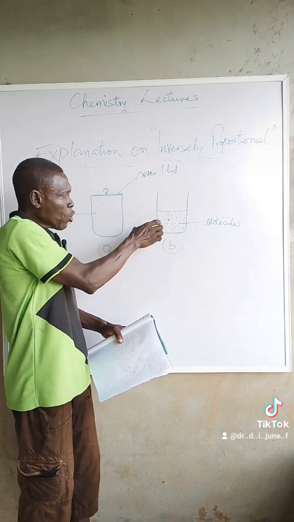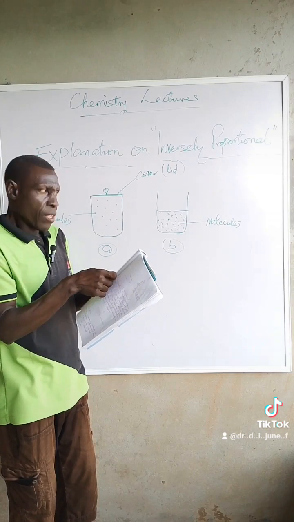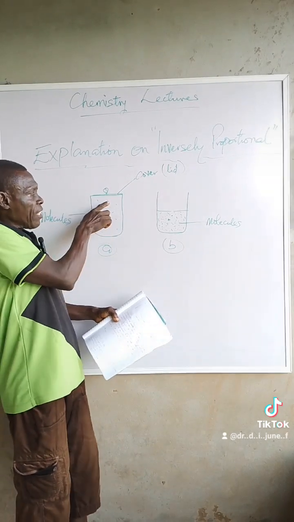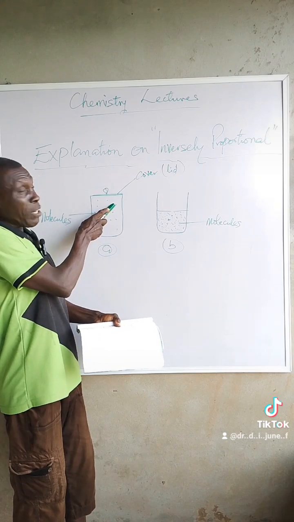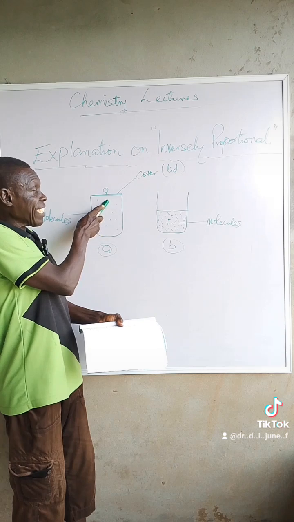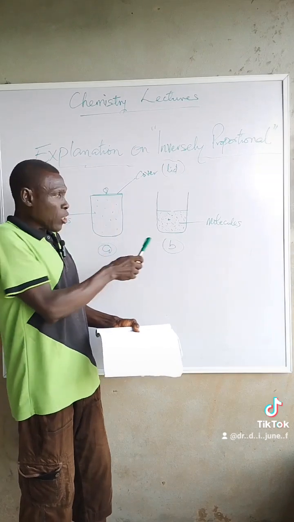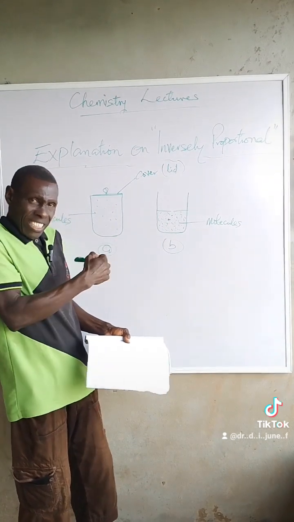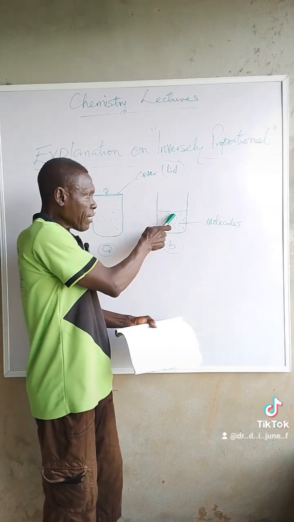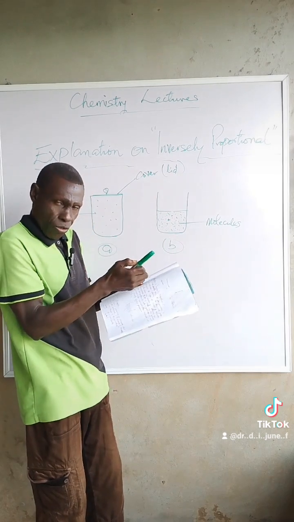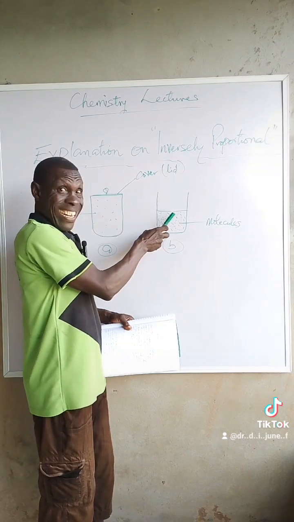So by doing so, you are reducing the spaces between the molecules. Assuming these two molecules here would take, say, 1 minute before they hit each other, by the time you reduce it to this level, it will take less than 1 minute to collide. Why? Because the spaces between them have been reduced. And because of that, the number of molecules per space has increased.